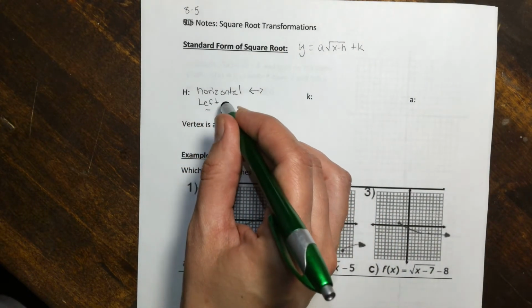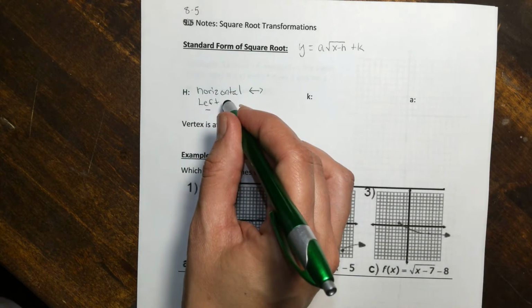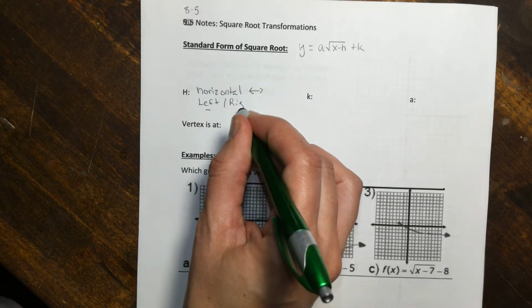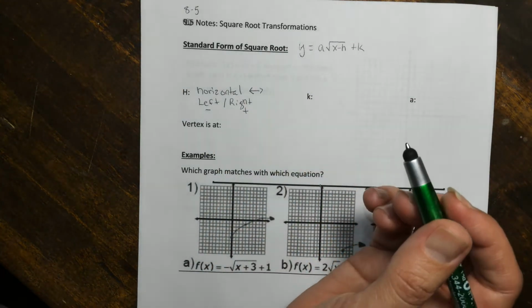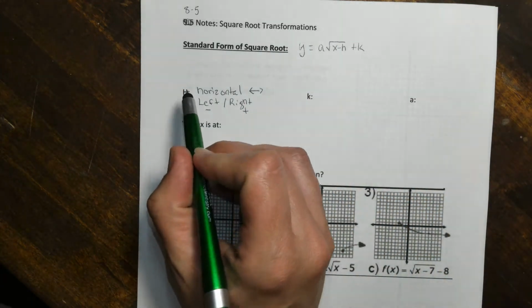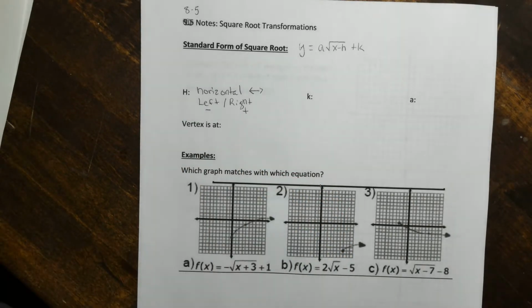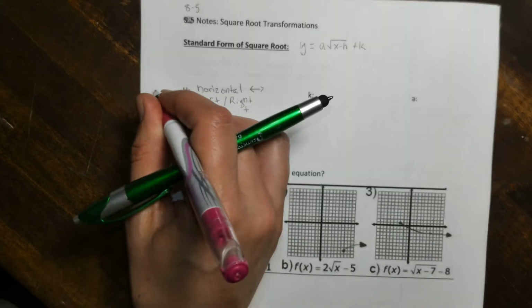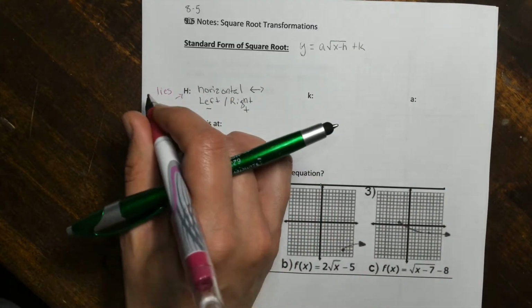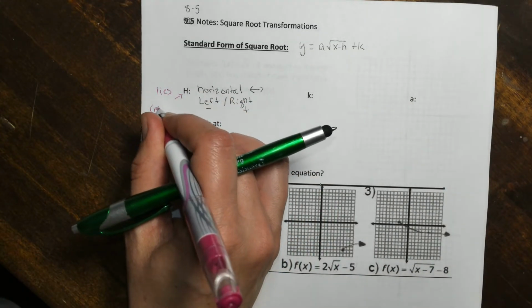When it moves left, it's negative, it's moving towards the negative side, and when it moves right, it moves towards the positive side. One other thing we have to remember about h, though, is that it lies, so we need to move the opposite way.